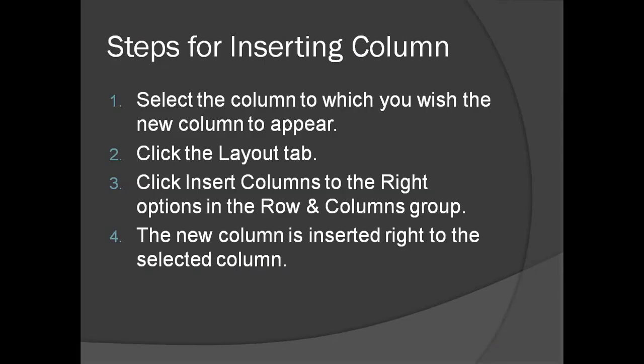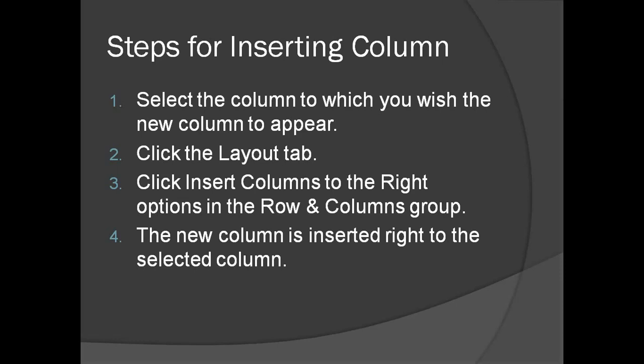Next, steps for inserting a column. If you want to insert a column in a table, then follow the given steps. Step 1. Select the column next to which you wish the new column to appear. Step 2. Click the Layout tab.